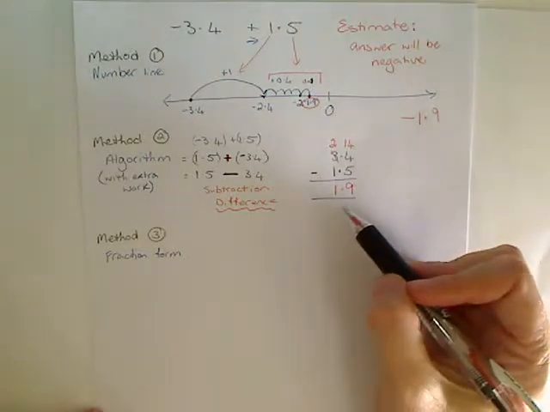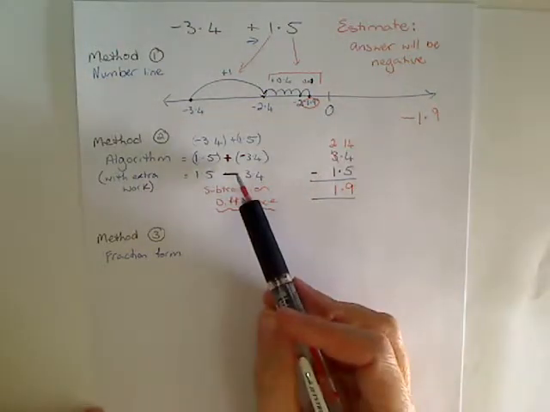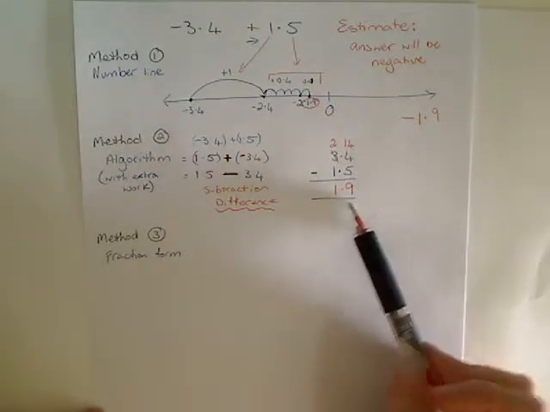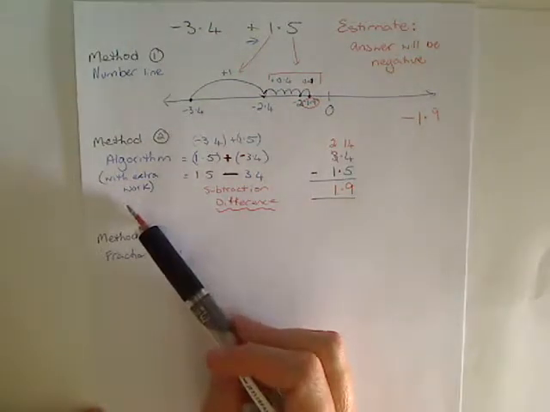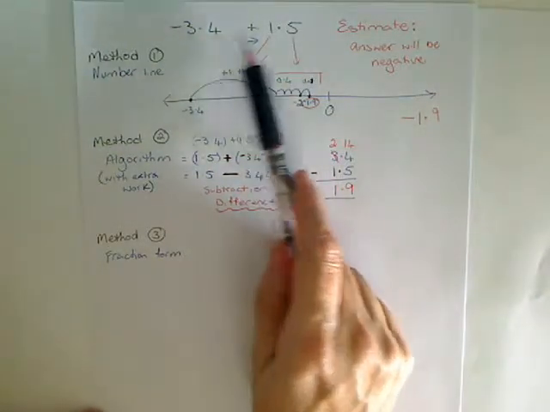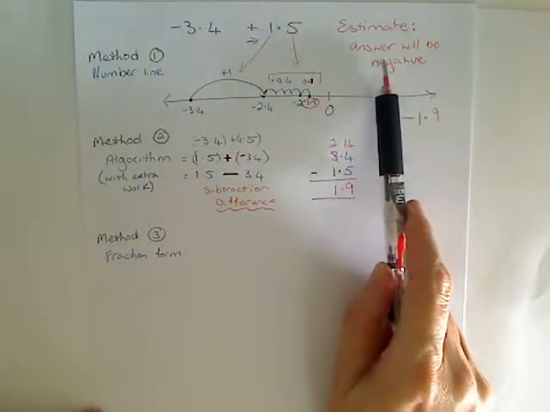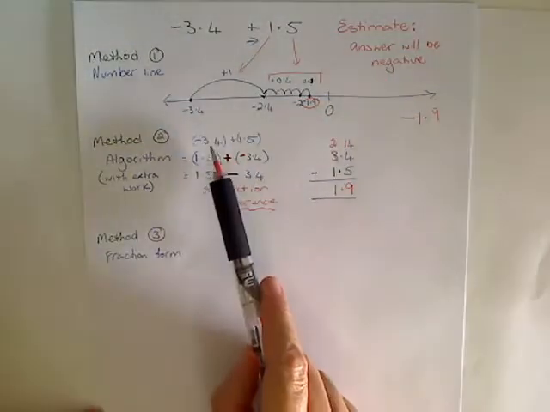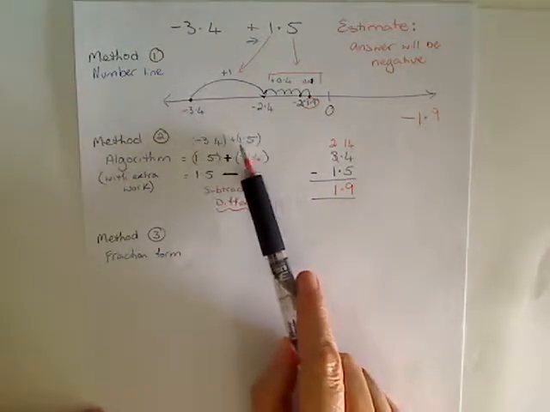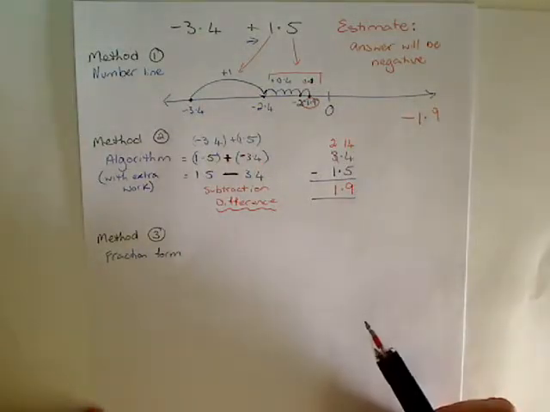Now I know that I was a bit sneaky here. I ignored the fact that 3.4 was negative. So you can use the algorithm, but you've got to do a little bit of extra thinking. That's when we go back to our number sense and we look at where we started and we know the answer will be negative. 3.4 has a larger size in the negative direction than 1.5 does in the positive direction.